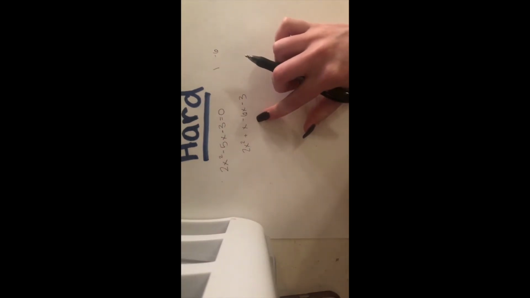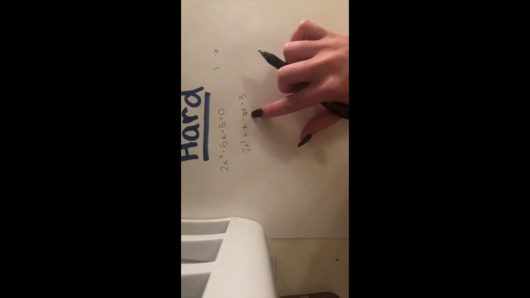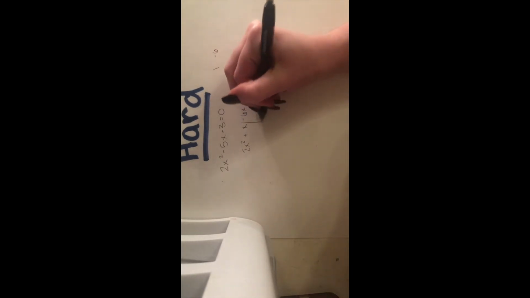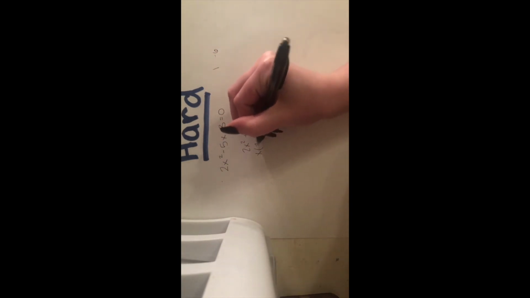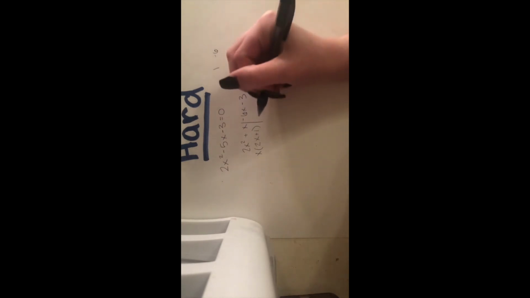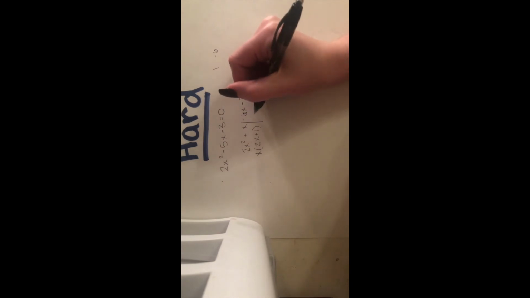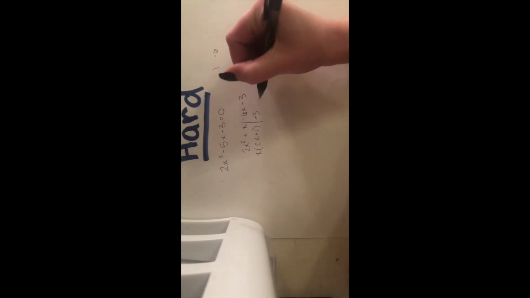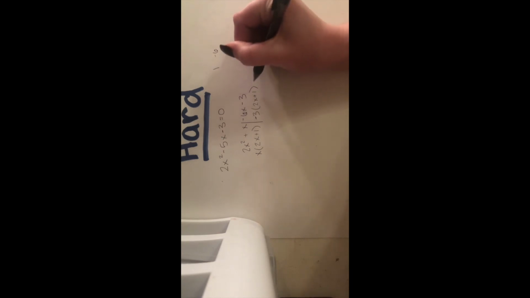Then you're going to factor out the common terms in the first two and in the second two, which in this case will get you x on the outside and then 2x plus 1 on the inside. And then on this, you will get negative 3 and then 2x plus 1.